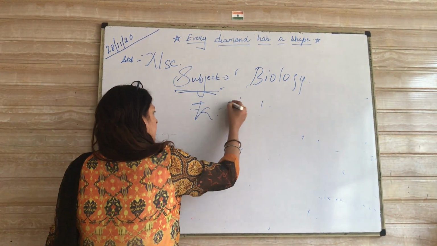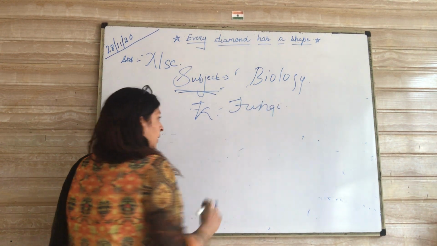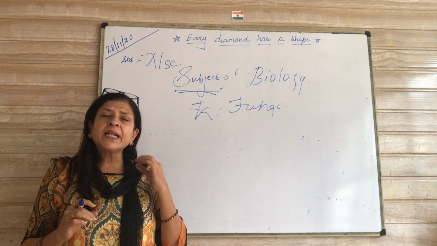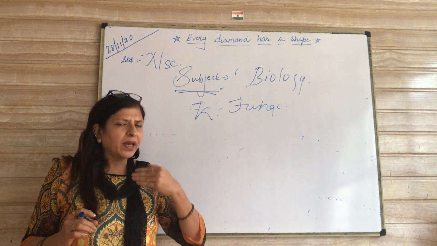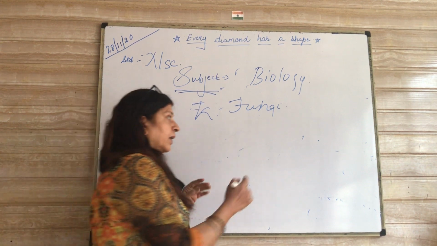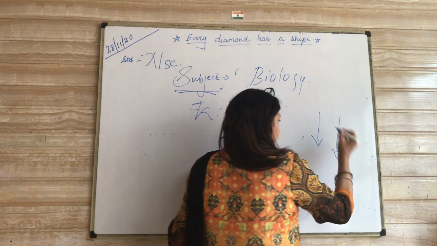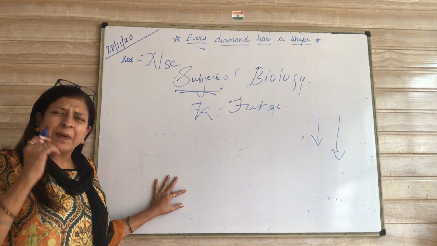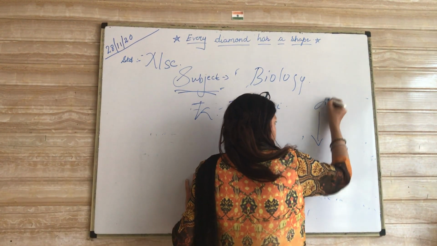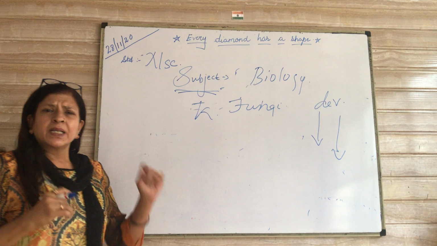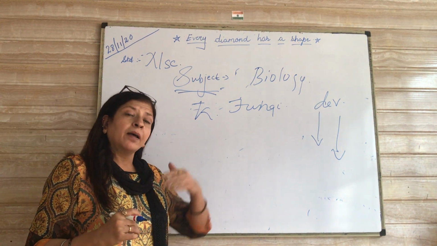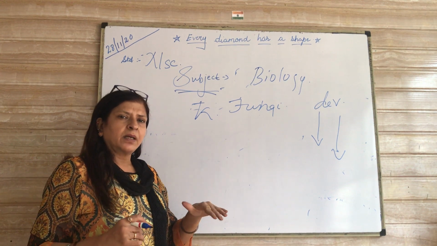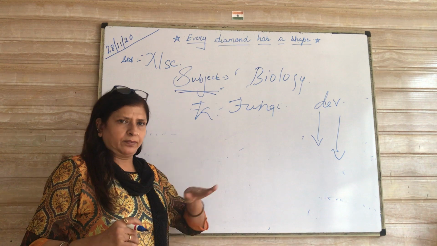Let's start Kingdom Fungi. While discussing these kingdoms, remember that as we go ahead, there is always a speck of development. The most primitive, we saw bacteria, placed right on the top, and the most complex organisms, animals, right at the bottom.